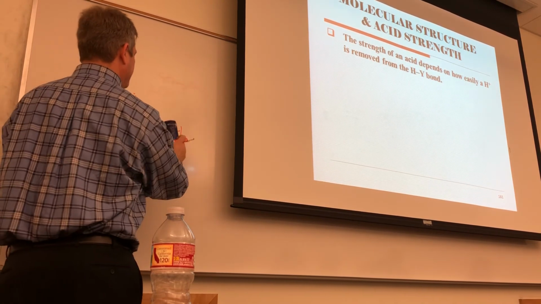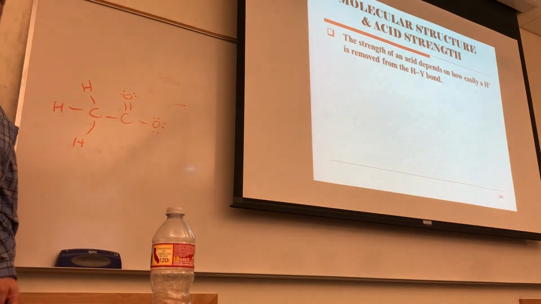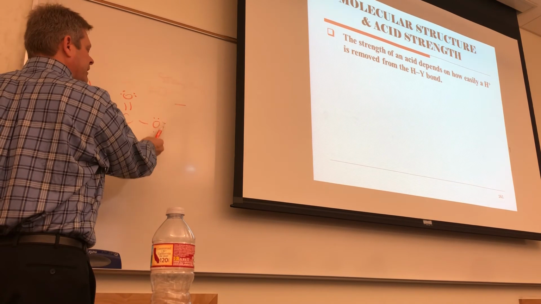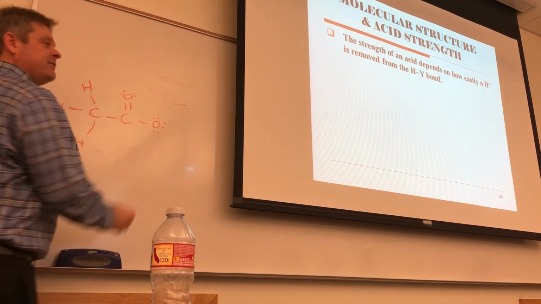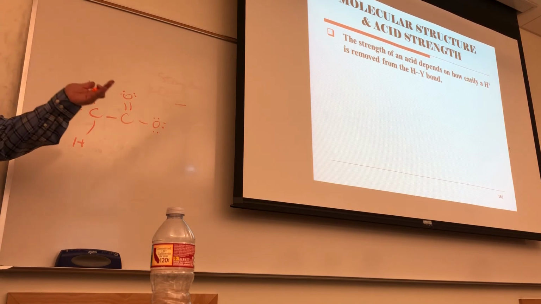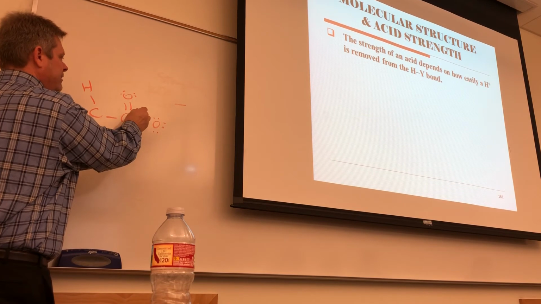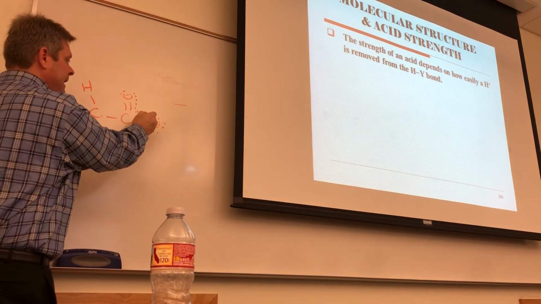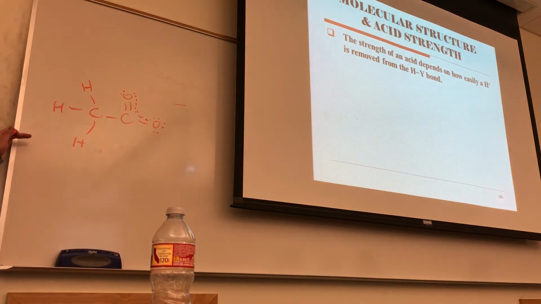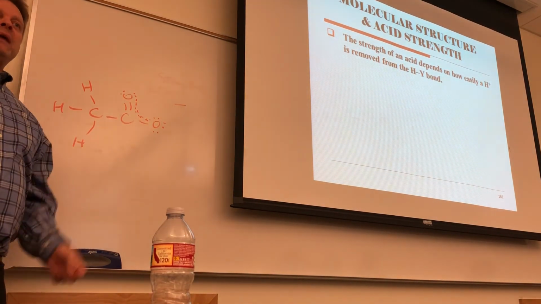I pull that off, it goes as a proton, and this whole thing becomes a negative charge. These electrons here now, there's too much electron density around that oxygen. They want that density to be able to delocalize. They're all localized here. I want it to be able to move through here, maybe move through there, and back and forth. I want to delocalize it. The easier, more delocalized I can make it, the more stable it becomes.